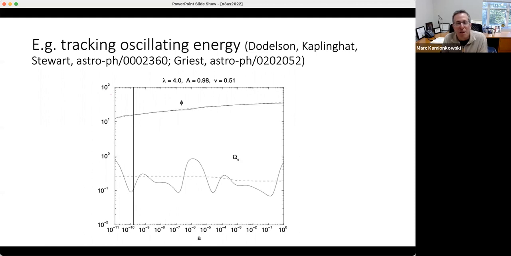Such a possibility was anticipated more than 20 years ago by two different papers, Dodelson, Kathleen Henn Stewart, and Kim Greist, where they postulated a dark energy model, a quintessence model, in which there was a potential with small bumps and wiggles, and that allowed you to have a dark energy density that would occasionally fluctuate up and become important dynamically, but in most other times in the history of the universe would be dynamically irrelevant.